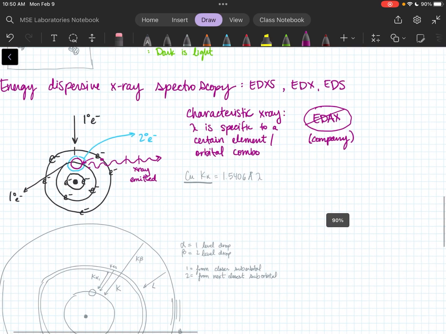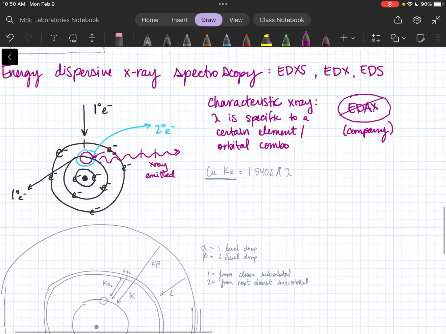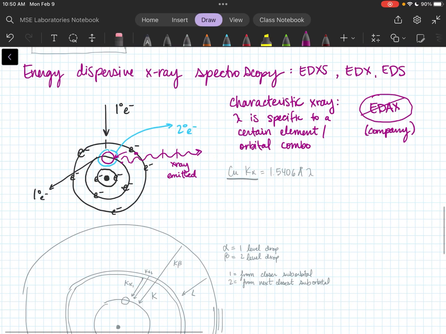Any questions about EDS? Can you combine these in a lot of machines or no? Every machine has the capability to look at all of them. That was a little bit of a lie. They don't necessarily come pre-installed with all 3 detectors.